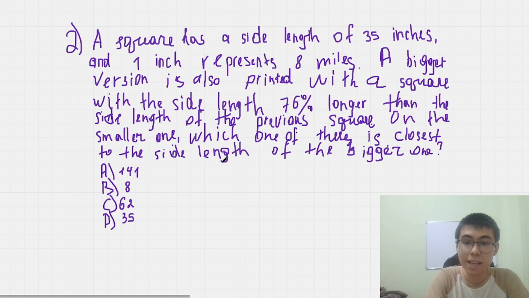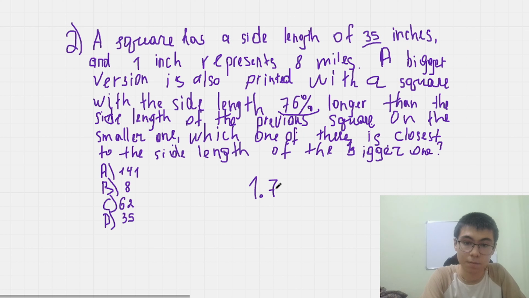So the side length of the first one is 35 inches, and they are asking for the side length of the bigger one.